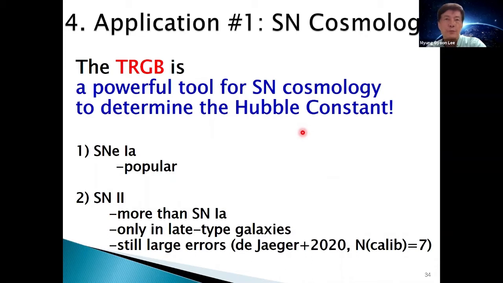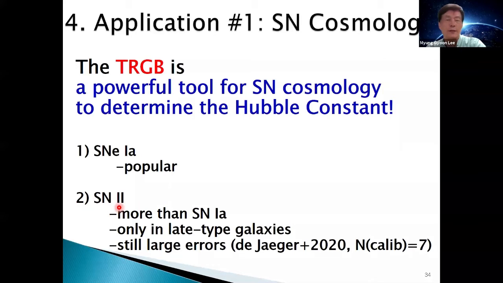Popular types of supernovae are type 1a. But there is also another type, which is called type 2. The progenitors of type 2 are massive stars. In theory, there are more type 2 than type 1a.